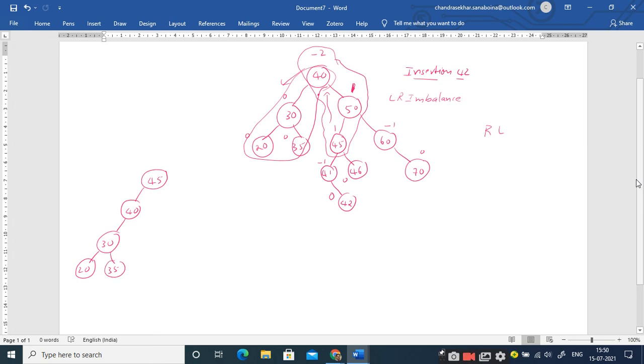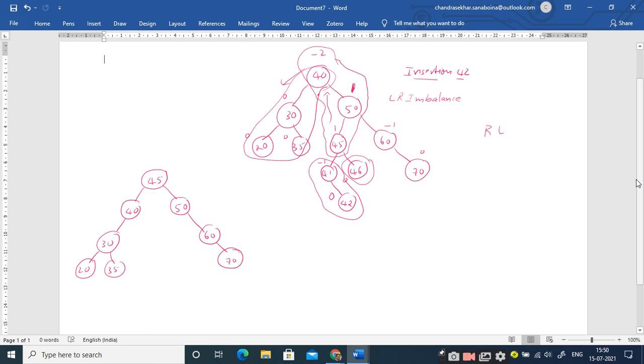We'll see what happens to the two subtrees, 41 and 42 and 46. I just pushed 45 upward and I am just making the arrangements. Now to the right I have 50, and to the right of 50 I have 60, and to the right of 60 I have 70.